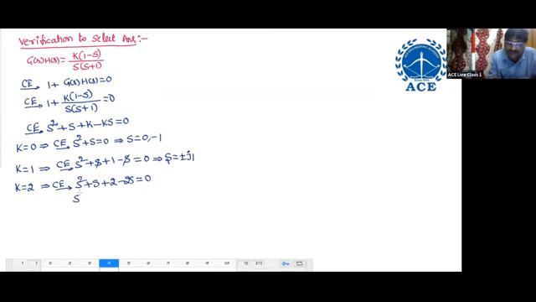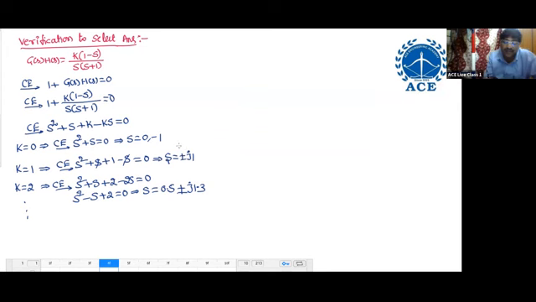That means s square minus s plus 2 equal to 0. What is s? You find the roots: 0.5 plus or minus j1.3, I think, we will get. Like this, find 4 or 5 values of k and observe the root locus diagrams.